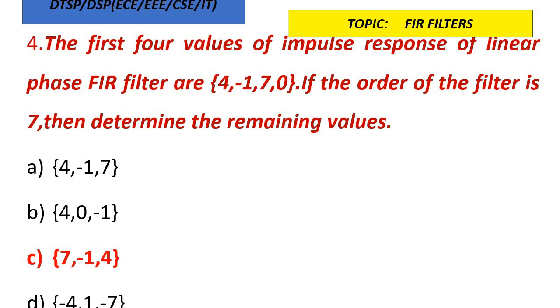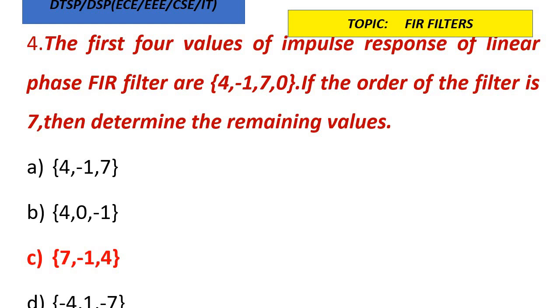Next, the first four values of impulse response of linear phase FIR filter are 4, minus 1, 7 and 0. If the order of the filter is 7, then determine the remaining values. Very simple question. For a linear phase FIR filter, the response is given here as 4, minus 1, 7 and 0.